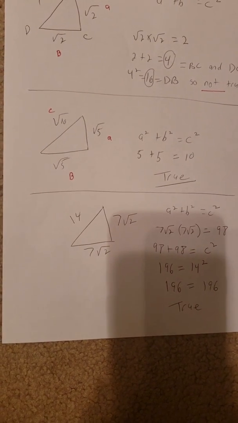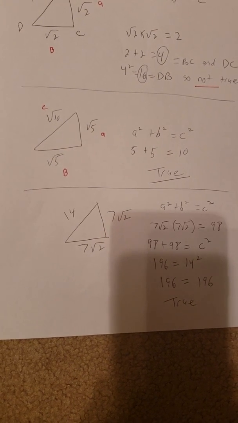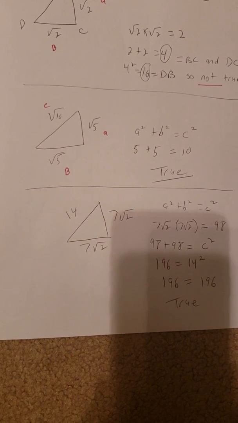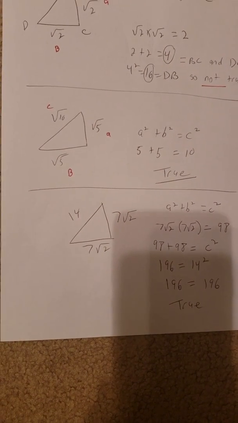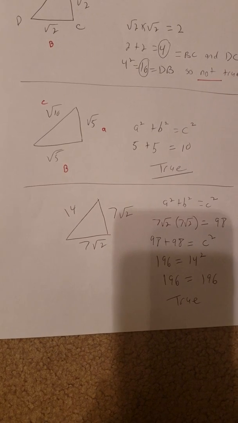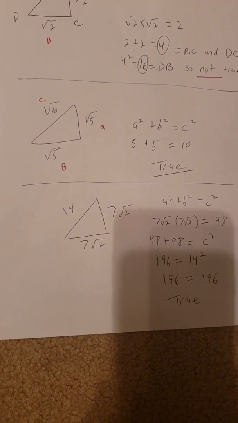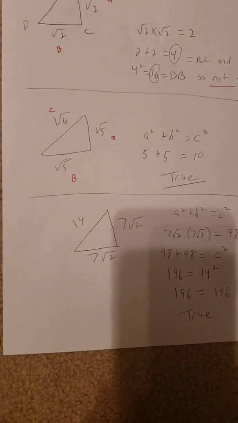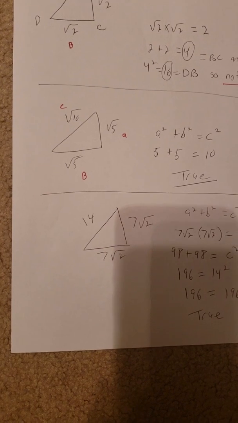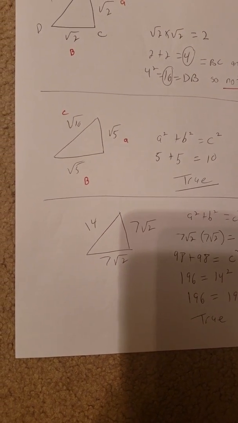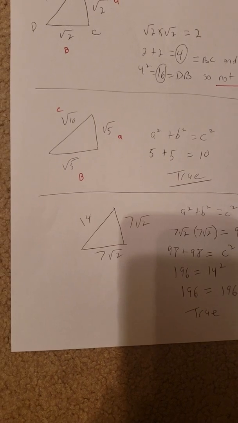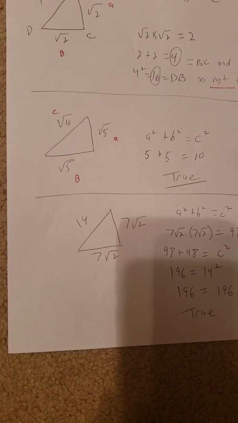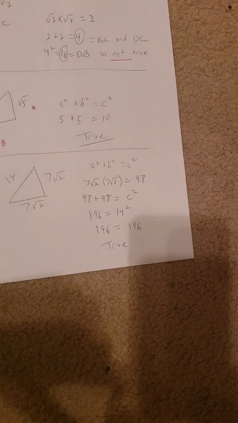So 5 plus 5 is 10. Therefore, a squared plus b squared equals 10. So now let's see if it equals c squared. Well, the square root of 10 squared is equal to 10. Therefore, this equation is true. Cool.